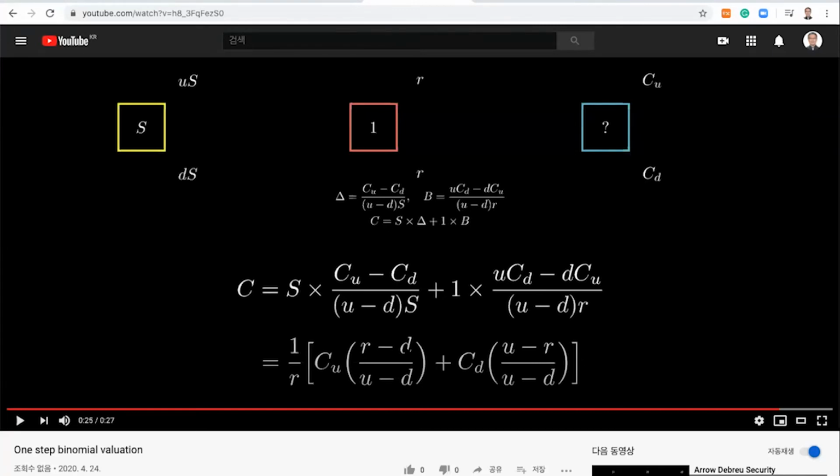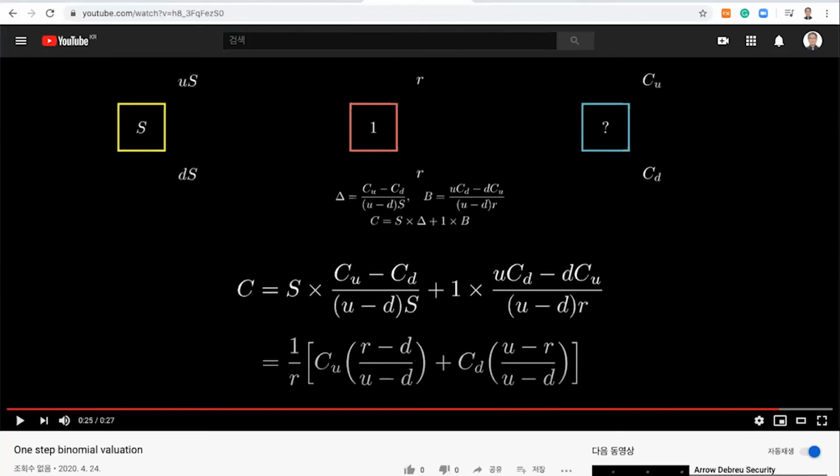And then the second, do you remember the relationship between U, R, and D? U was the biggest number, and D was the smallest number, and R, 1 plus interest rate, is a number between U and D. So that means U minus D is a positive number because U is always greater than D. And the same is true here. But how about the R minus D?